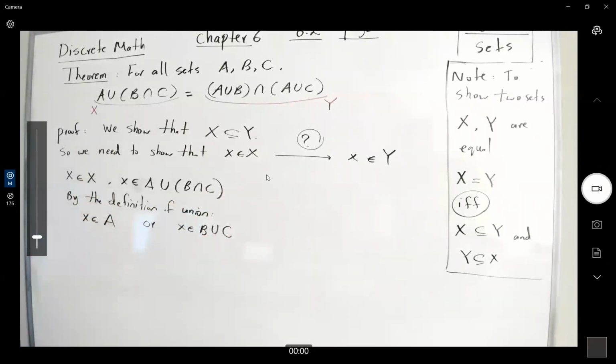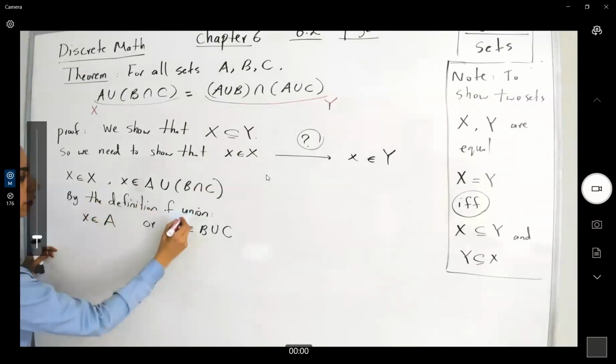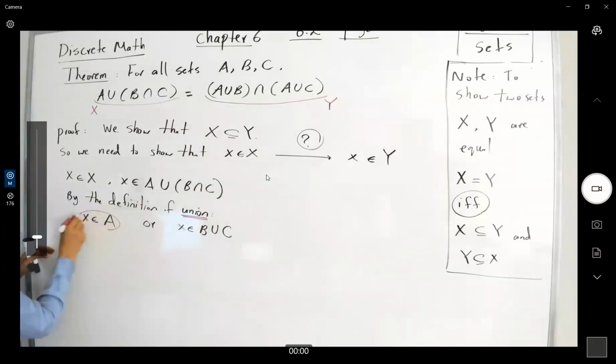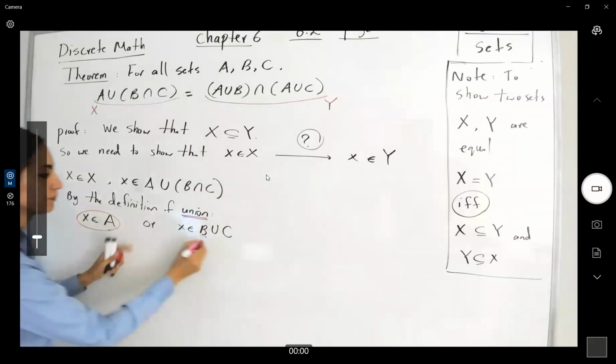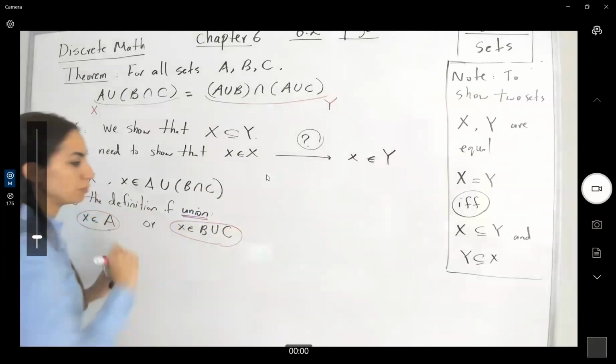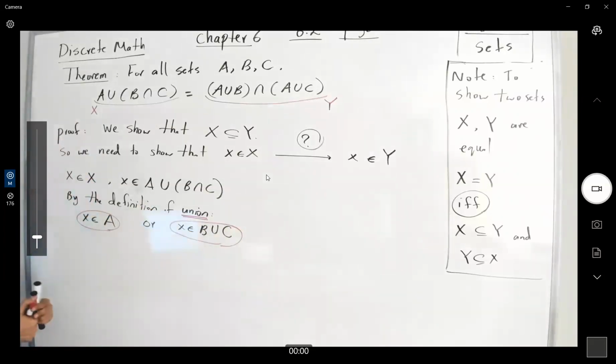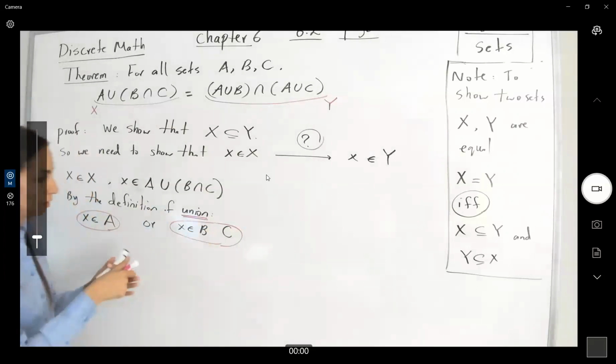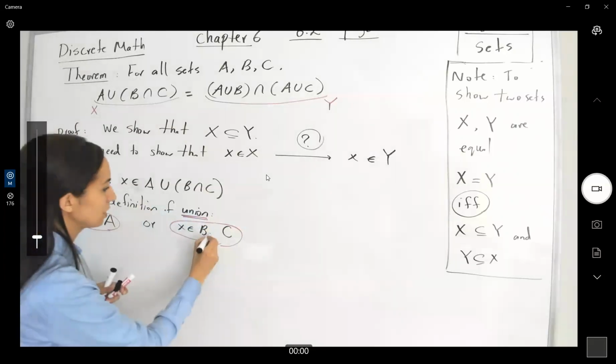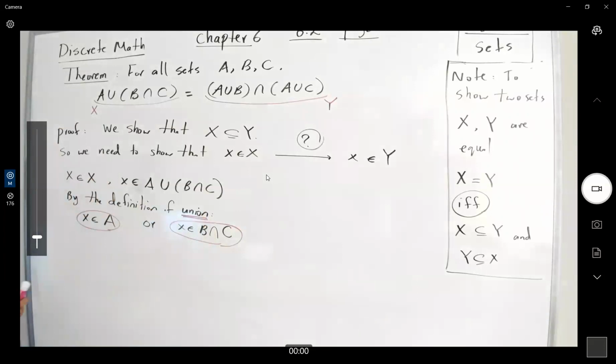I'm sorry, B intersection C. Here we go, the intersection. Okay.